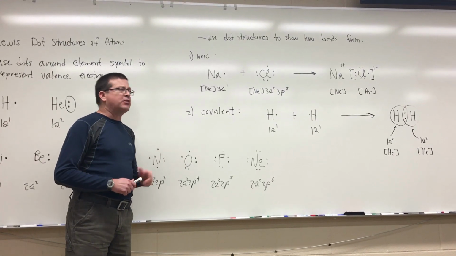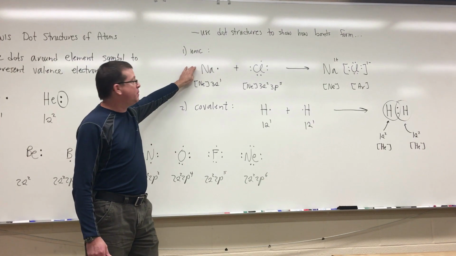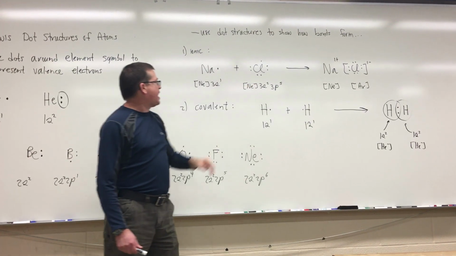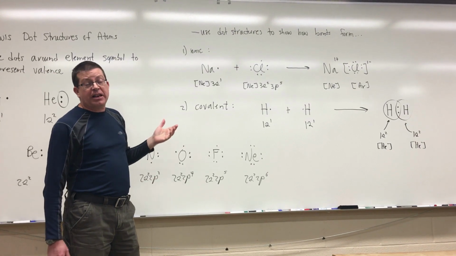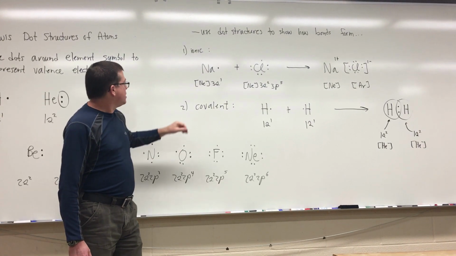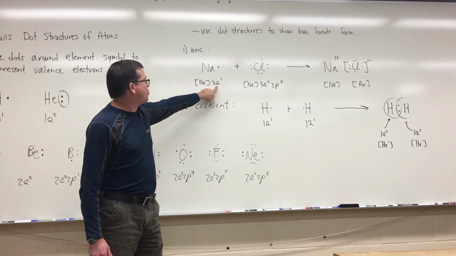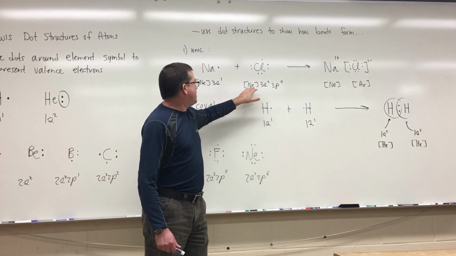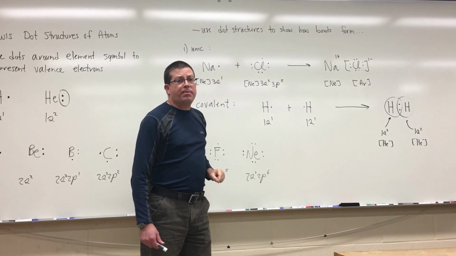All right? So we can show that here. Let's assume I have a gas phase sodium atom, and I'm going to let that combine with a gas phase chlorine atom. Again, we're going to look at each one's configuration. Sodium will be a neon core with a single 3s electron in it. Chlorine will be a neon core with an almost full set of 3p electrons.